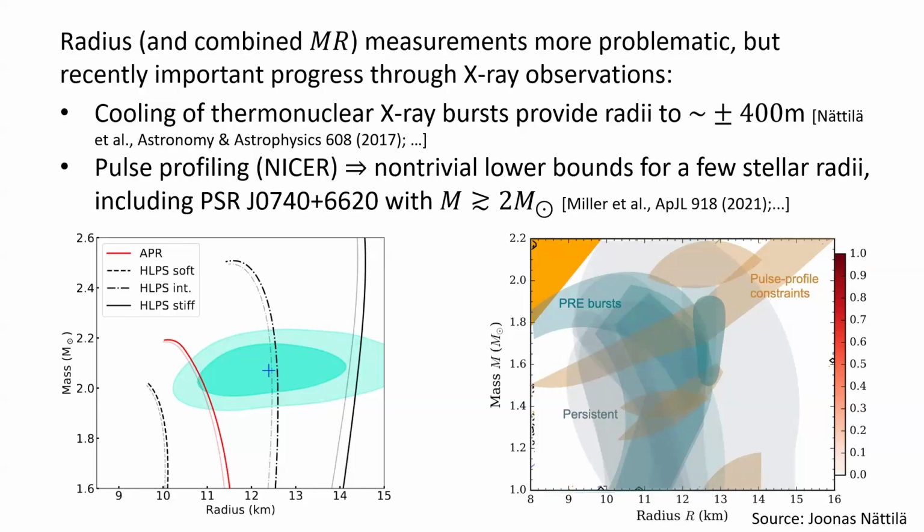Don't ask me for the details because I don't know that at all, but there were basically two camps, one claiming that neutron stars are very compact with radii in the ballpark of 9 or 10 kilometers, and then there was another camp saying that they are much larger with radii of 12 or 15 kilometers. Well, when all the dust settled, it turns out that neither was really right, and the correct value is somewhere in between, around 12 kilometers or so.